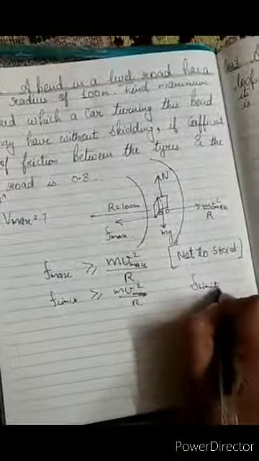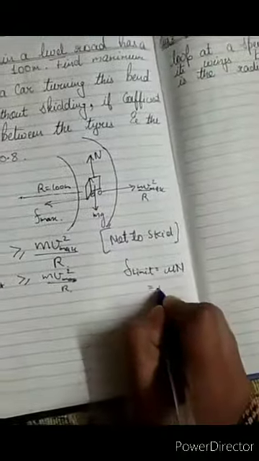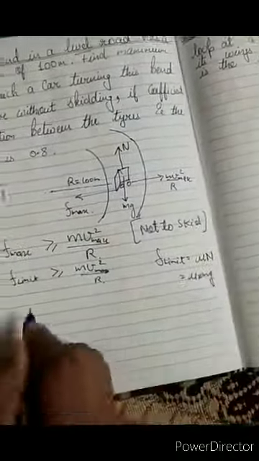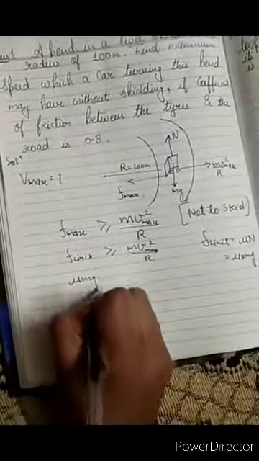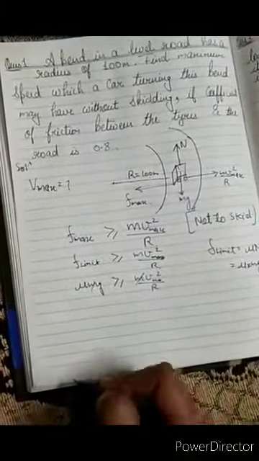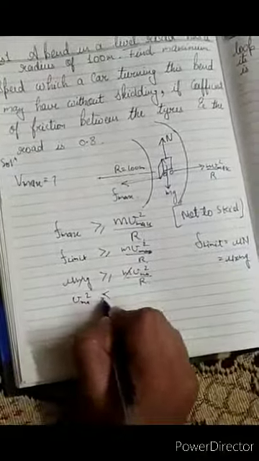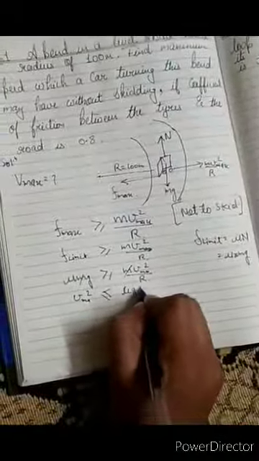But F limiting is equal to mu into N, which is mu mg, greater than or equal to m v max square by r. The m cancels out, and we have v max square is less than or equal to mu g r. I hope you understand, mu g into r, and v max is less than this.